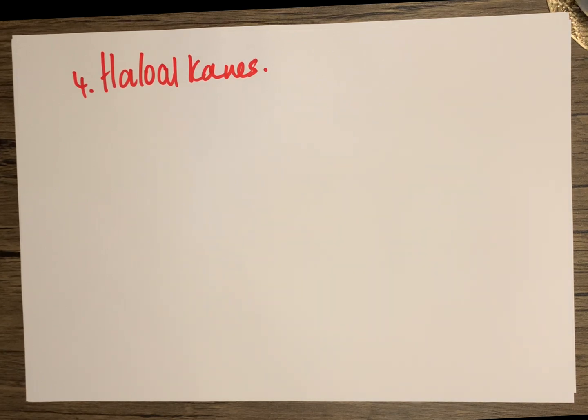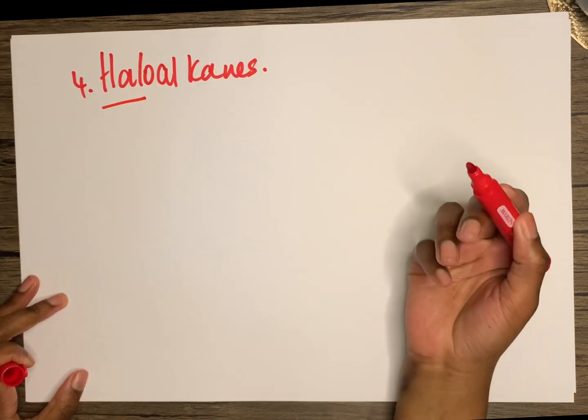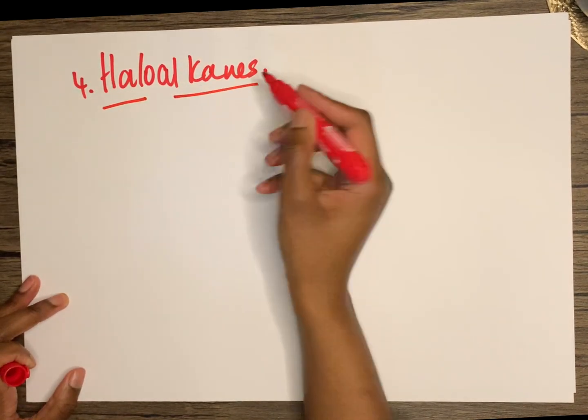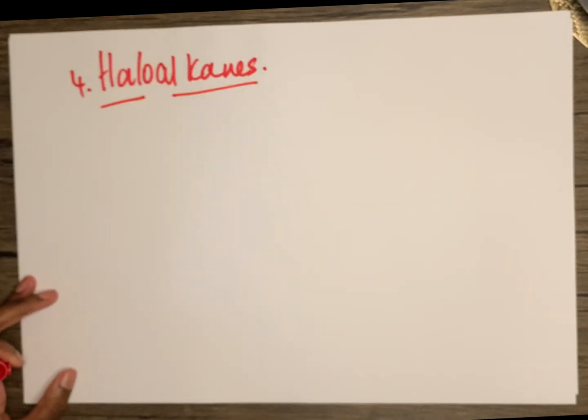So haloalkanes, we think of them as a separate functional group to simplify things, but they're not really. The only thing is you still have alkanes, but they just have substituents which are going to be halogens. Hence the name halo. The halo is for halogens. Alkanes means there are no double, triple bonds between the carbon atoms, right?